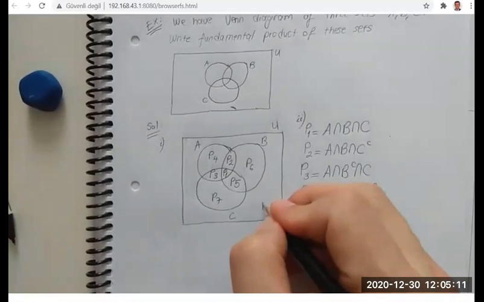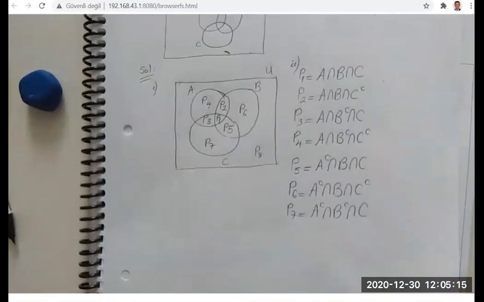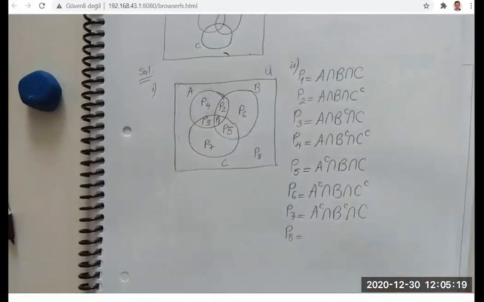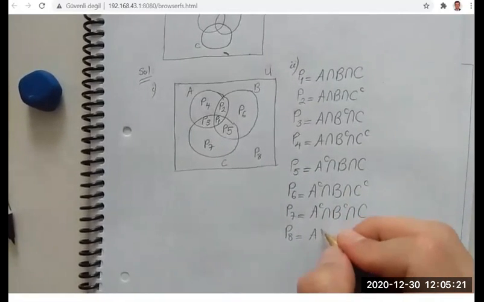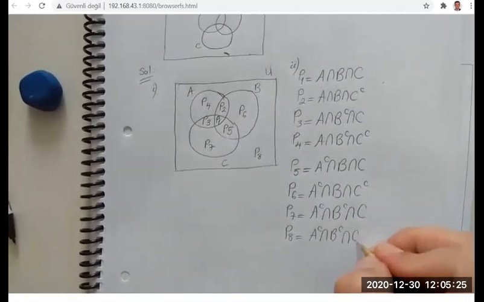Product P8 is equal to A complement intersect B complement intersect C complement.